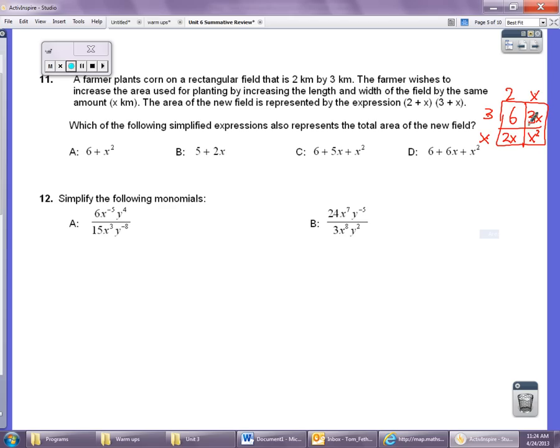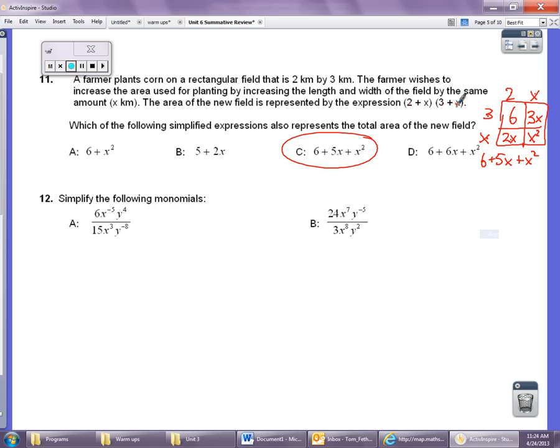So I have 6, 3x plus 2x is 5x, plus x squared. So I'm looking for 6 plus 5x plus x squared, letter C. What we don't do is just do 2 times 3 and x times x. That's not the way we multiply binomials. So we use one of our methods: the box method, the FOIL method, or the distributive method.